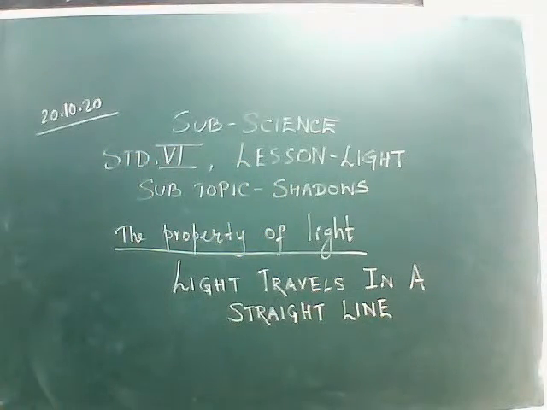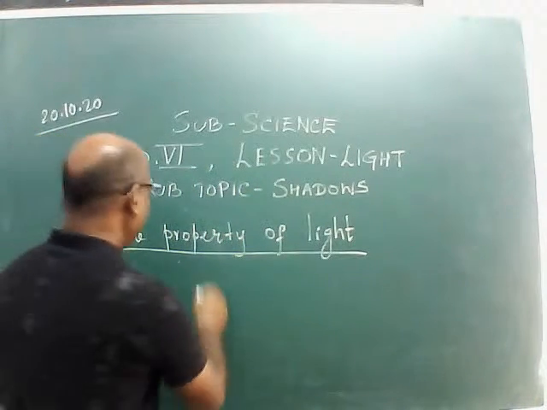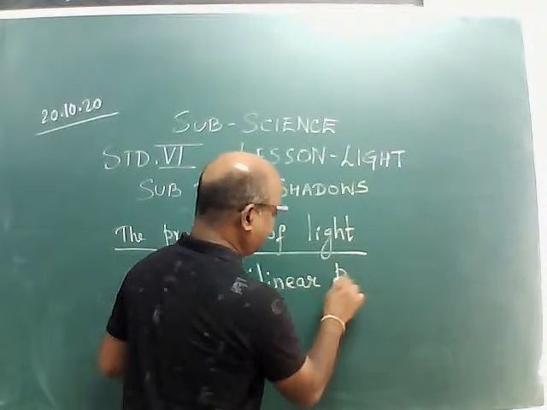Yesterday we studied this. Nobody is giving an answer. What I wrote on the green board yesterday while giving the example of the pipe and candle: that is known as rectilinear propagation of light. You forgot that. That is called rectilinear propagation of light.